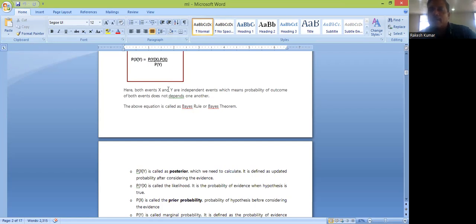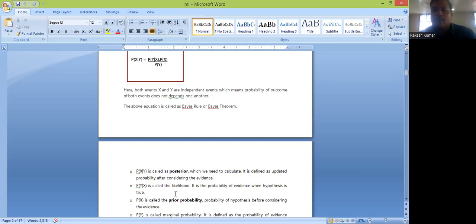Suppose you ask any query to the machine, every time it has to be updated and give the result for us. So it is known as the posterior, the updated probability after considering the evidence.